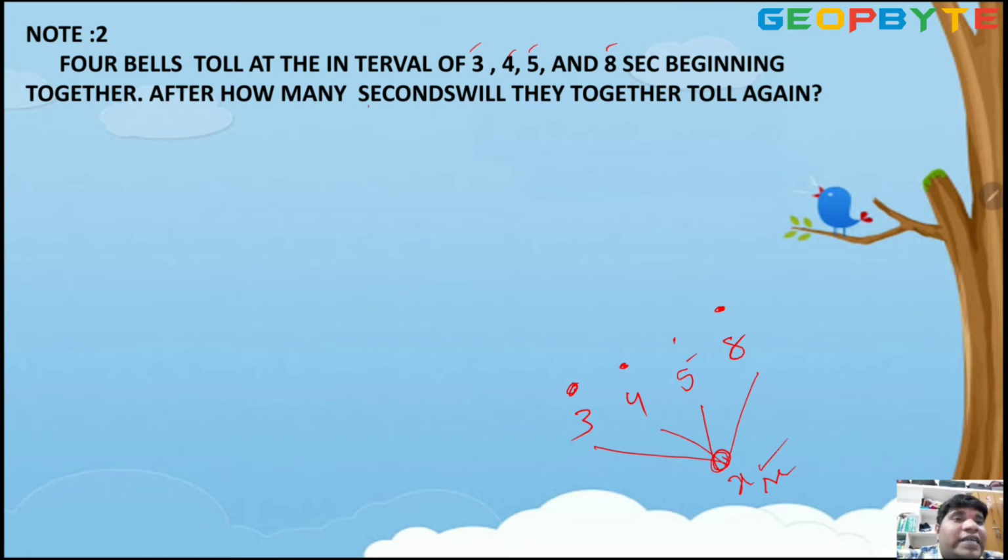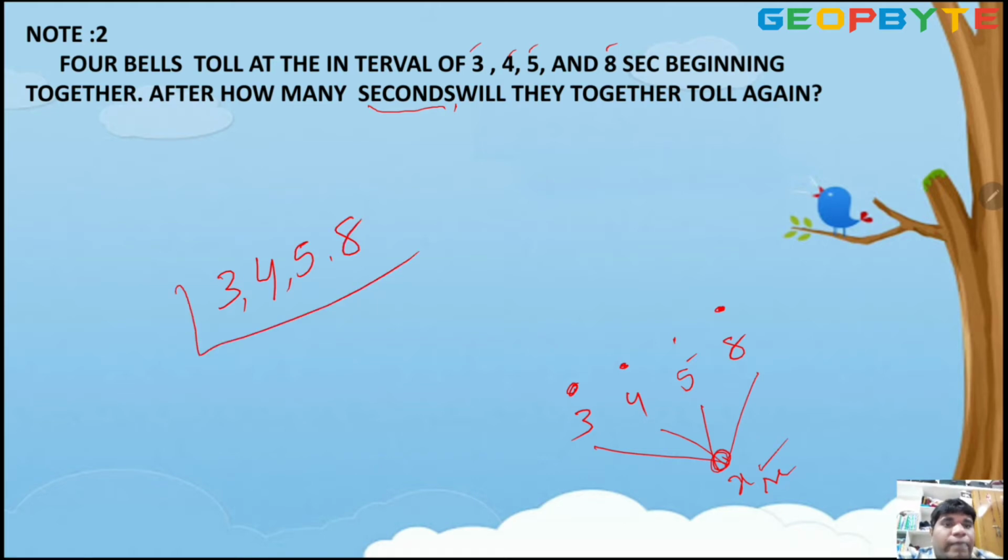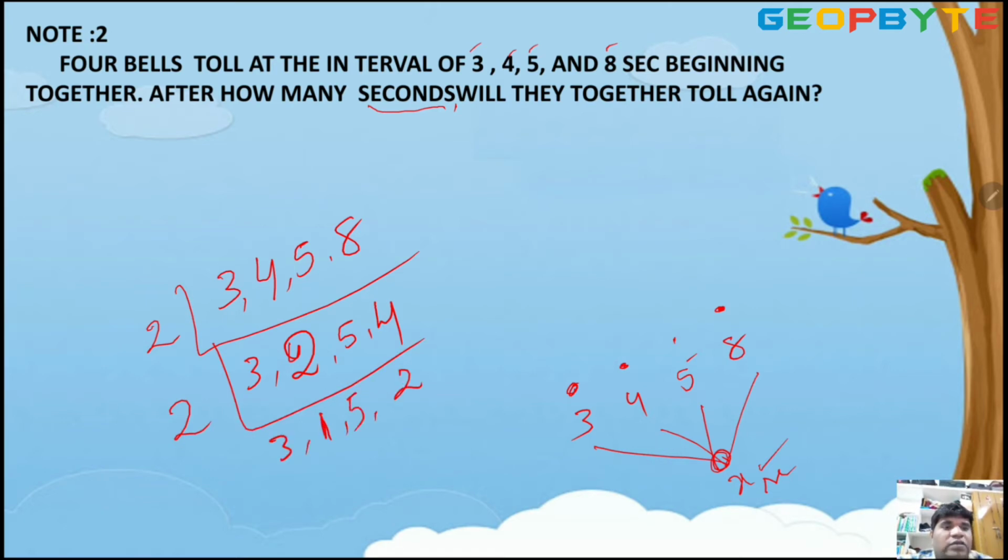How many seconds will it take for them to toll together? So the LCM of 3, 4, 5, 8, dividing by 2: 3 directly, 2 is cancelled, 5 directly, again 2, 3 directly. 1s, 2s and 5s are not there.